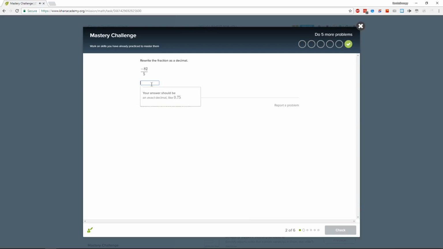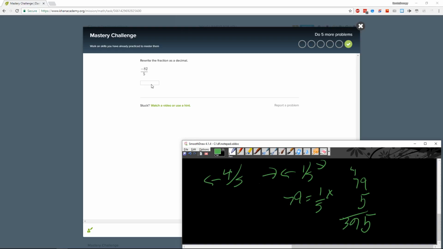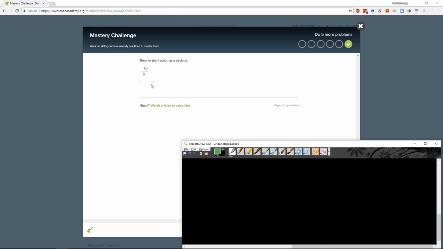Rewrite the fraction as a decimal. Negative 82 over 5. Let's see. So if it was negative 80 over 5, that would be, what is that?